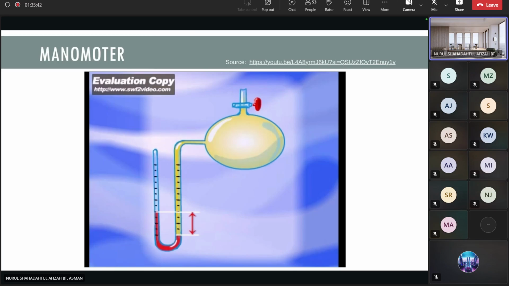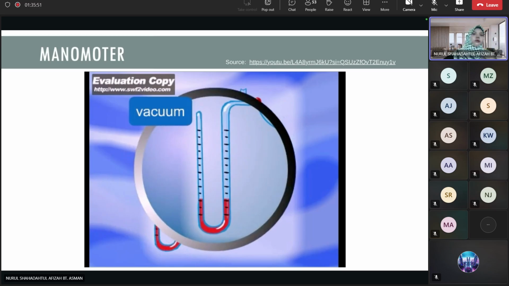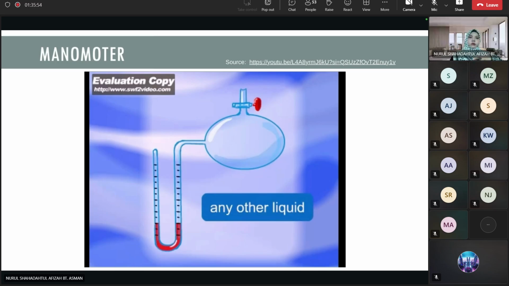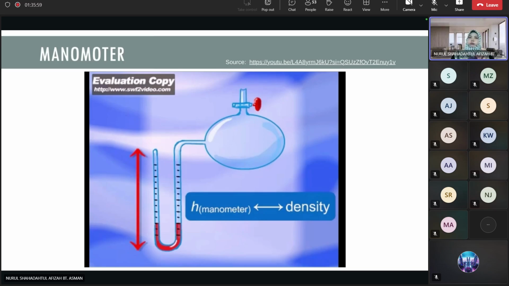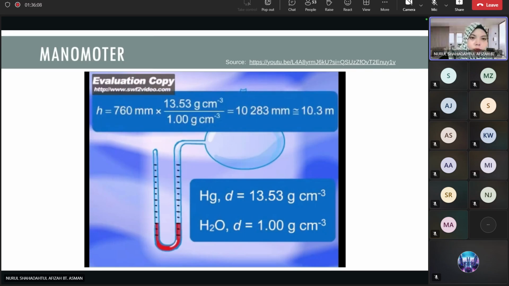You can read the pressure as the difference between the mercury levels in the two arms. If the container is evacuated completely, the columns of mercury will reach the same height in both arms. Any other liquid can be used in a manometer. However, the height of the manometer depends on the density of the manometric liquid. Water is more than 13 times less dense than mercury. Therefore, the water-filled manometer would need a height of about 10 meters. The use of such a manometer would be rather awkward.